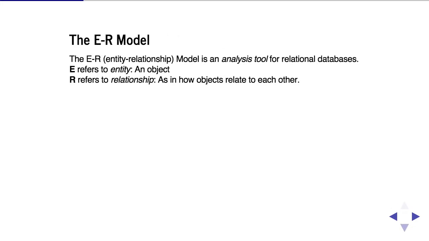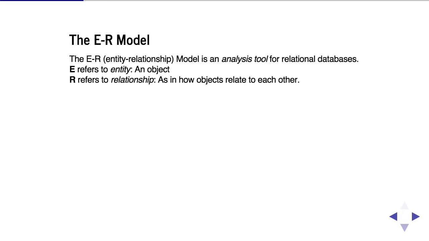So going to the ER model, that's the entity relationship model. It's another way of analyzing a relational database. When you understand the relationships, you understand quite a bit of how that organization is run.